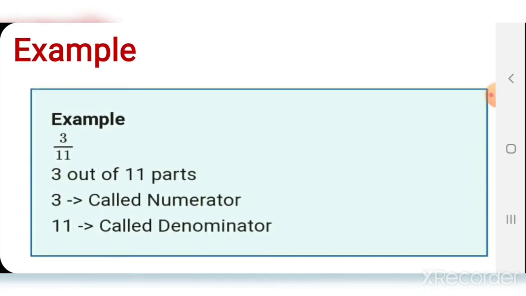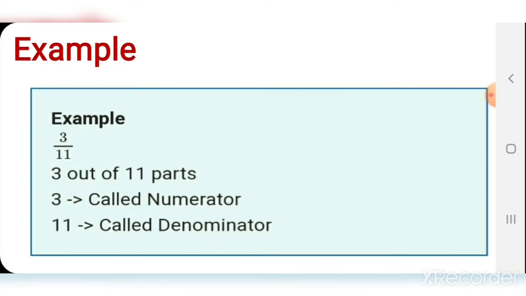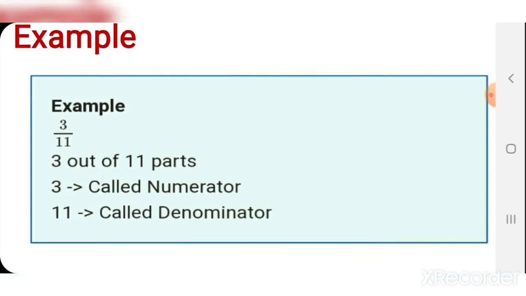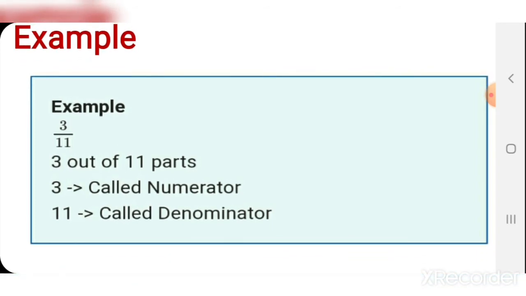Look, here is an example. 3 upon 11. That means 3 out of 11 parts. Here 3 is called the numerator and 11 is called the denominator. Upper number is called the numerator and lower number is called the denominator. Clear?